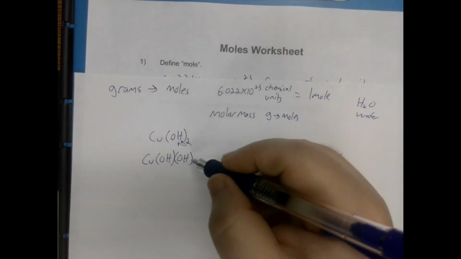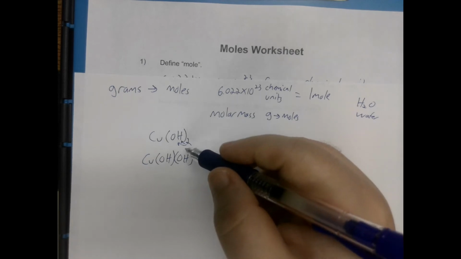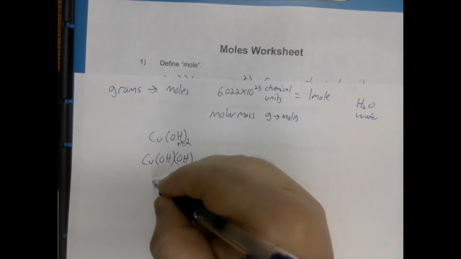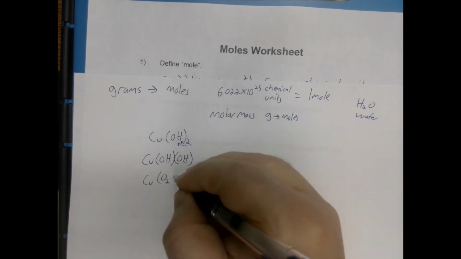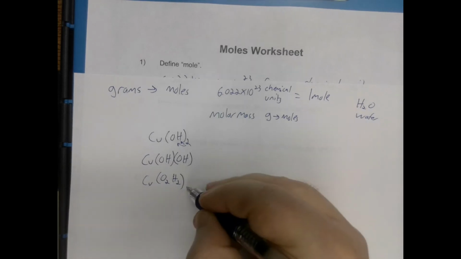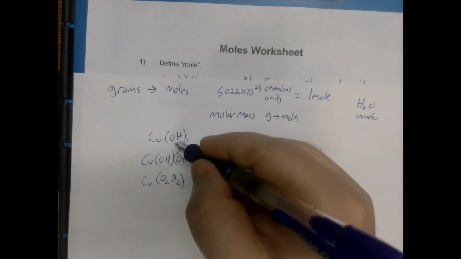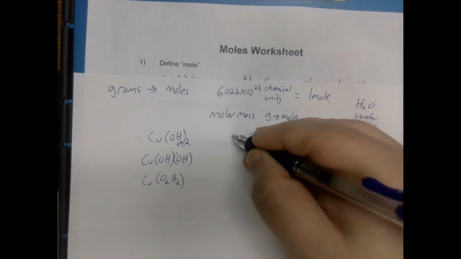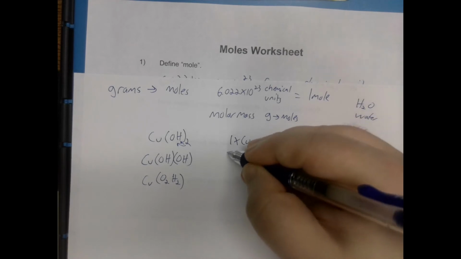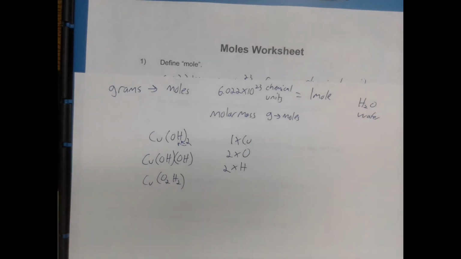Just like in math, if you have a 2 outside, it multiplies against everything inside the parentheses. So you can think of it more like this. You have O2 and H2 inside, because the 2 goes inside and multiplies it. And if there's no number beside it, it's just a 1. So we have 1 copper, 2 oxygen, and 2 hydrogen.